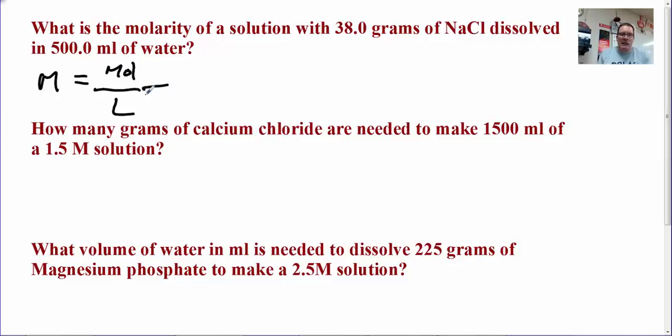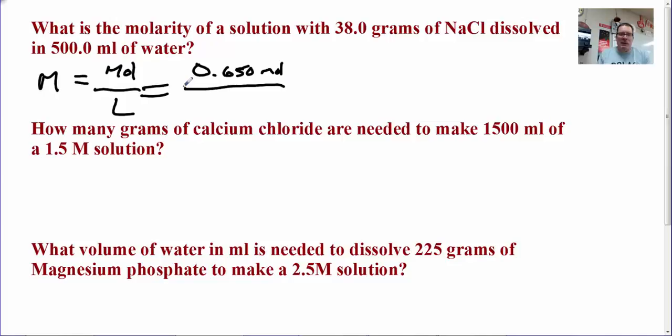I need to get the 38 grams of sodium chloride, that's my solute, into moles. I'm not going to run through that math because we should know how to do it. It's just dividing by the molar mass. If I do that, my number comes out to be 0.650 moles. That's going to be divided by my liters.